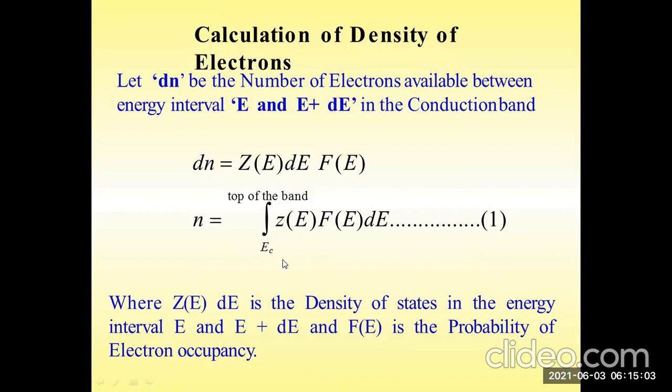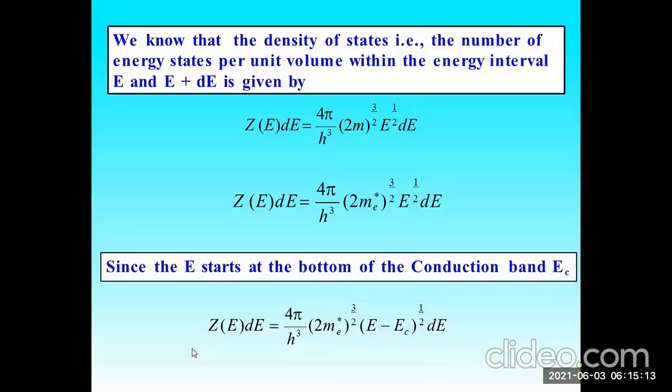We need to calculate the density of electrons present in the conduction band. Here Z of E dE is the density of energy states in the energy interval E and E plus dE, and F of E is the probability of occupancy of the electron. The density of energy states is already a calculated value: the number of energy states per unit volume.